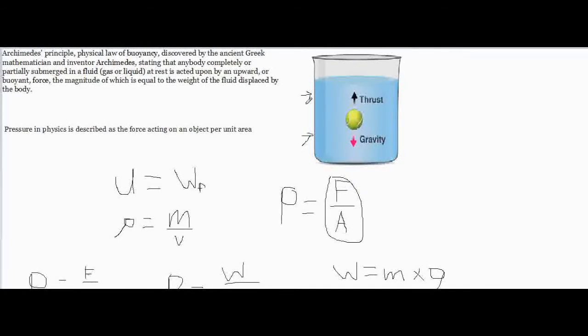And we can reason this because the water at this part would be experiencing more pressure due to the fact that it has to carry the weight of all this water above it. And if we're dealing with weight, then gravitational field strength would come into play as well as density.